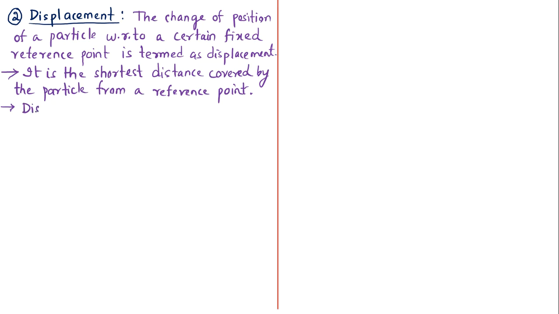Displacement is always what? Less than or equal to distance traveled. Clear? That means distance traveled is always more than displacement. When is displacement equal to distance traveled? In linear movement.